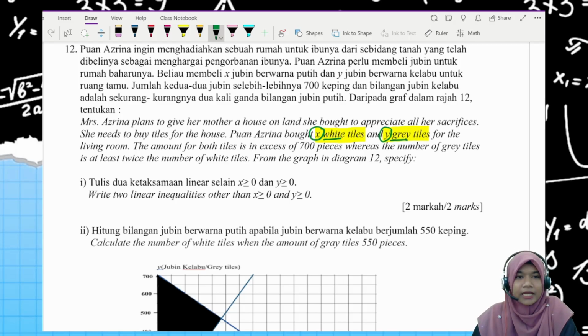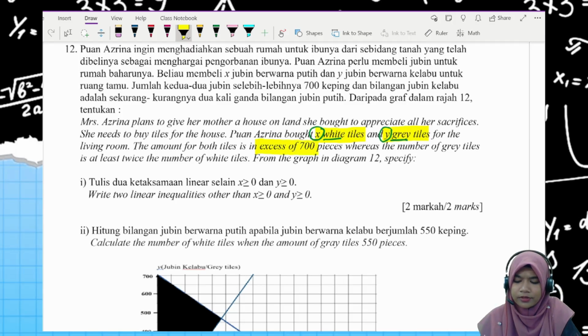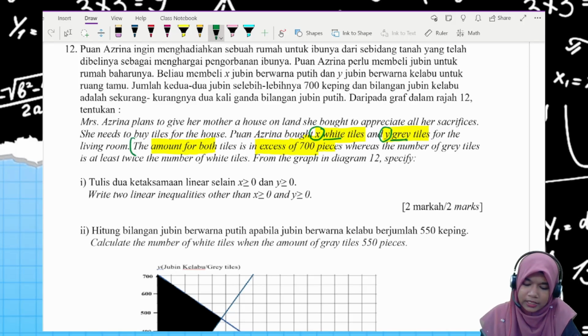The amount for both tiles is in excess of 700 pieces. What operation is involved here? Addition. So the first constraint: the amount for both tiles is x plus y.